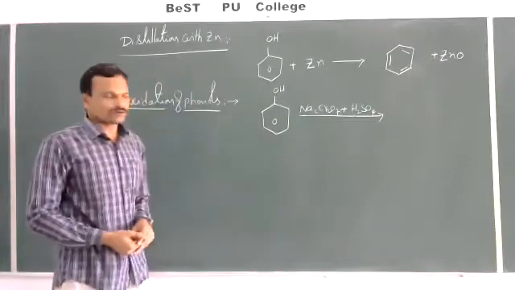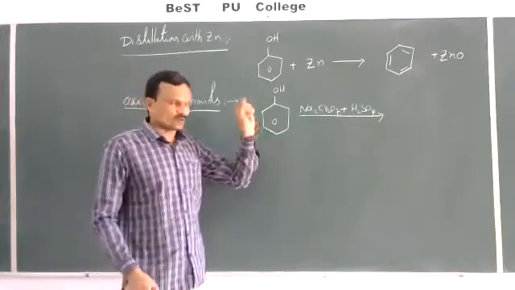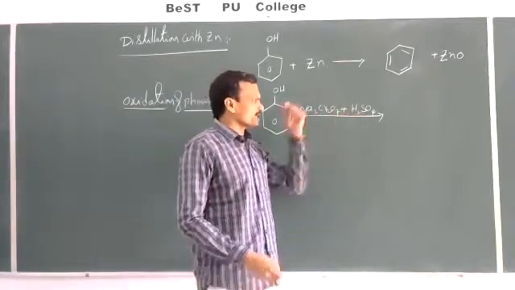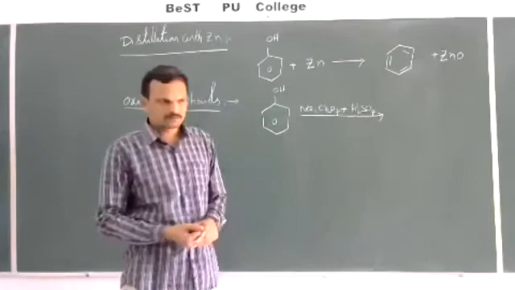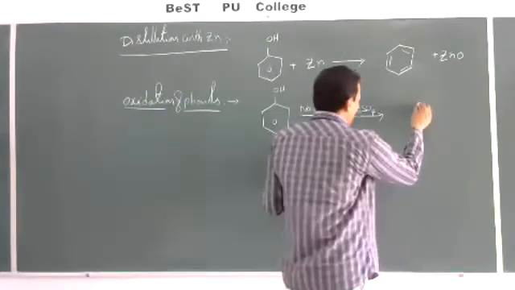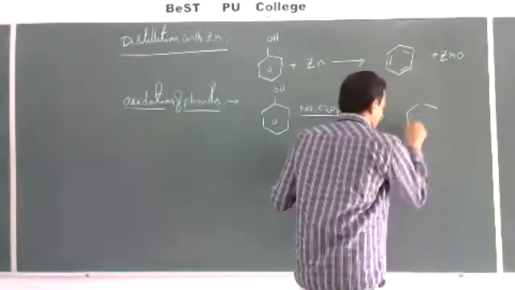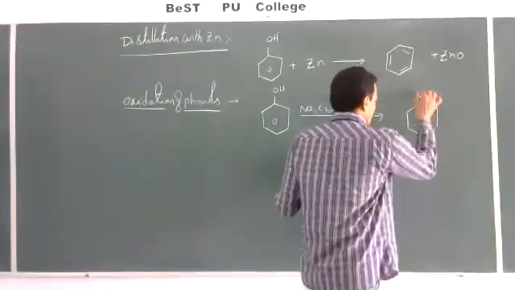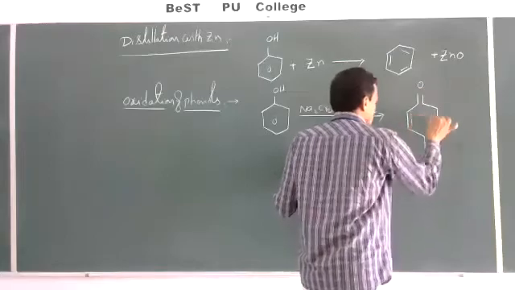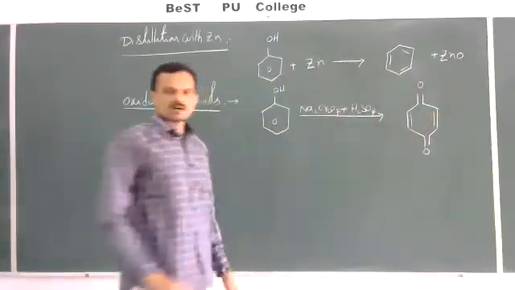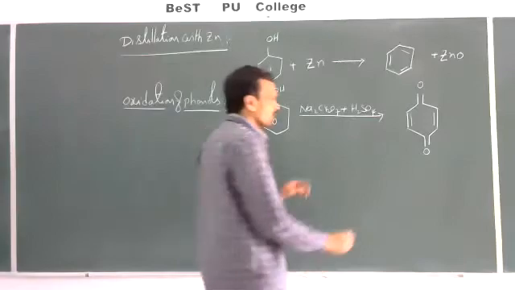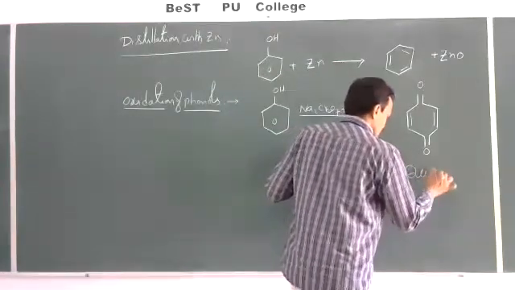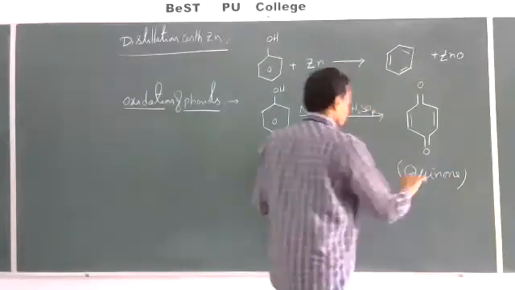Oxidation of phenol with chromic acid gives a conjugated diketone. This is the carbonyl group, C double bond O, and this is the conjugation here. This conjugated diketone is known as quinone.